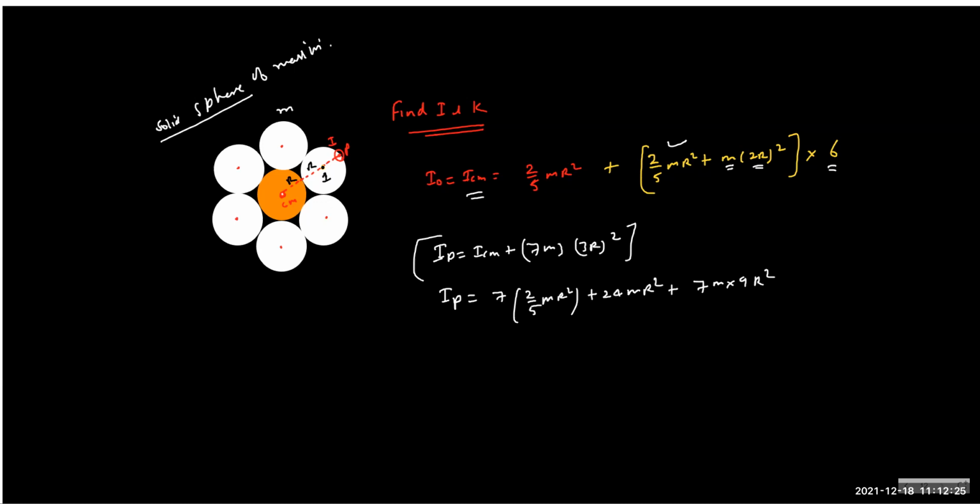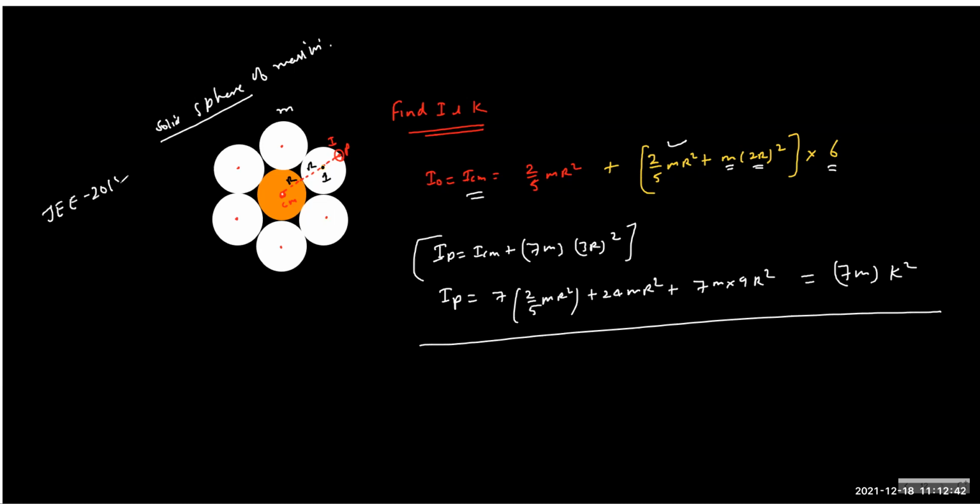So we got IP. And now IP we can equate for this entire thing to 7mk square. The rest is up to you. This is the JEE problem of, I think, 2018. Yeah, before Corona.